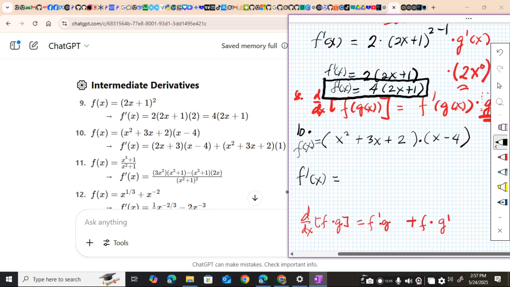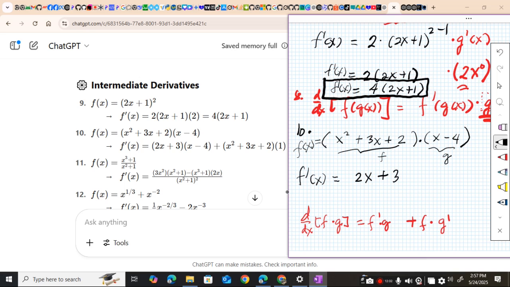So first we take the product. We identify this as f and this is g. The first step is to take the derivative of f. The derivative of f by the power rule is: bring down the 2, then x raised to 2 minus 1, which is 1 here. So it's just 2x plus 3, bringing down the power of x, which is 1.